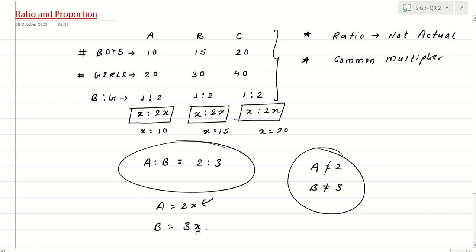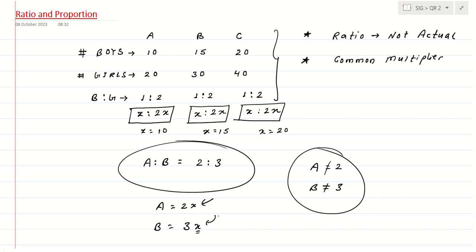But I cannot write A equals 2 and B equals 3. Since the ratio is not the actual value, I can make it the actual value by multiplying by x, the common multiplier. And if I multiply the first ratio term by a number, I must multiply the second by the same number.